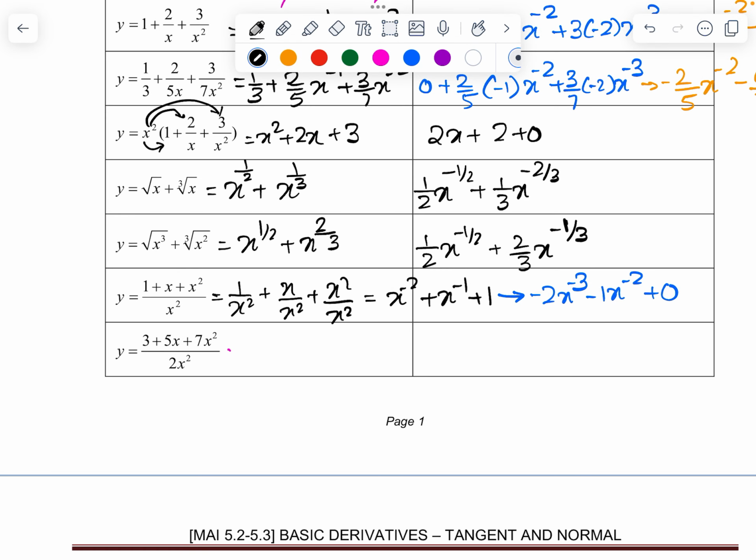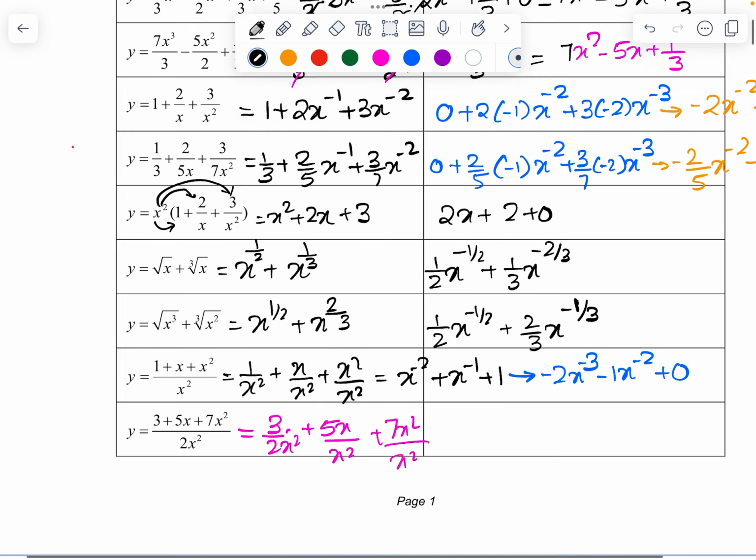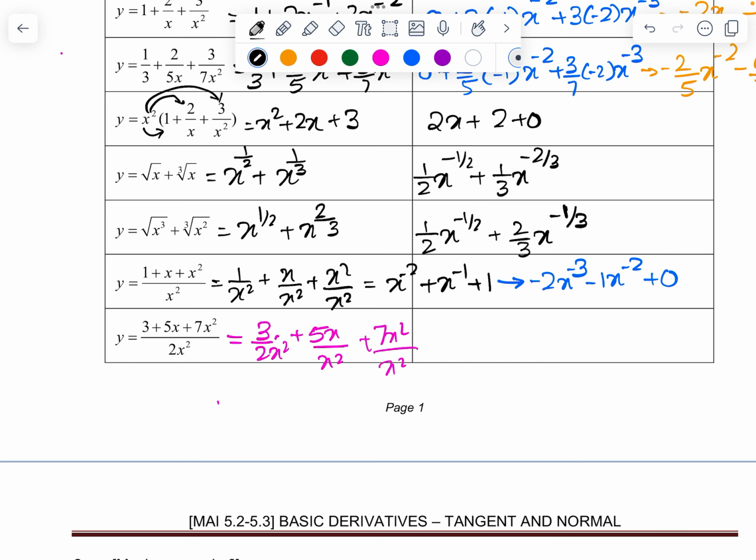Then the next question. Write it out in the standard form: 3 upon 2 x square plus 5x upon x square plus 7x square upon x square. So it becomes 3 upon 2 x power negative 2 plus 5 x power negative 1 plus 7.